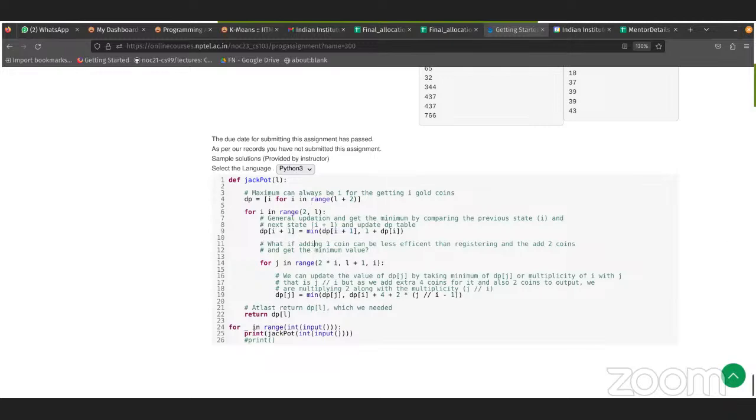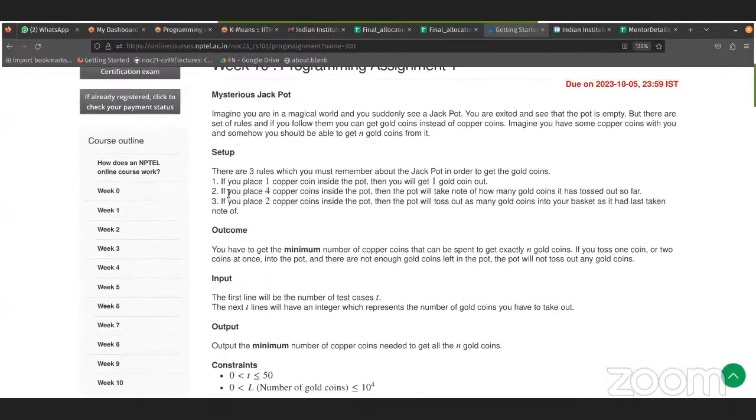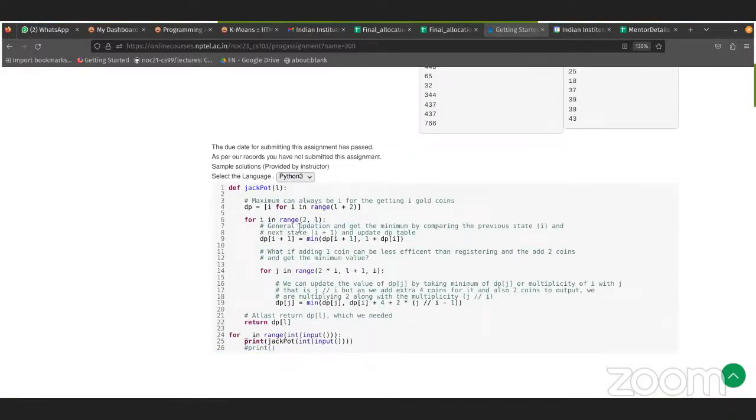Next, let's go to the second case. If we place 4 copper coins inside, then how many coins do we get? These two conditions are almost similar, so we can club them up. So for j in range of 2 into i. Why 2 into i?